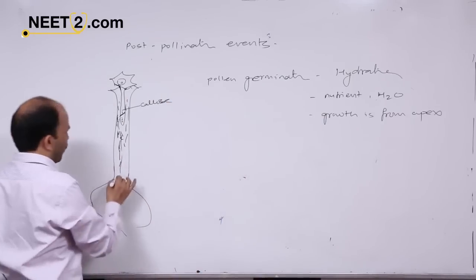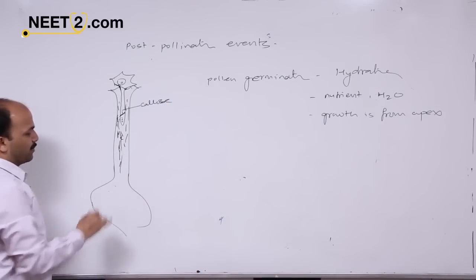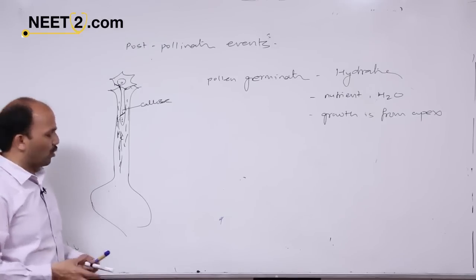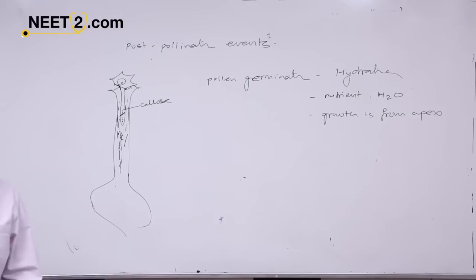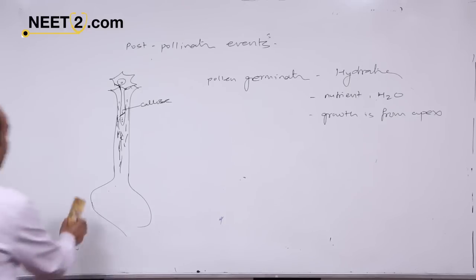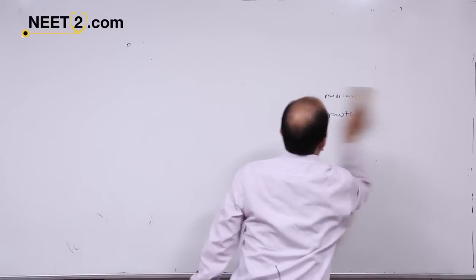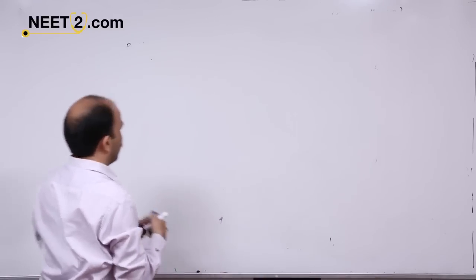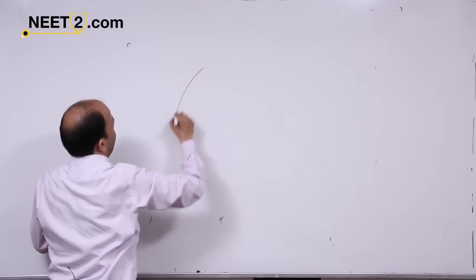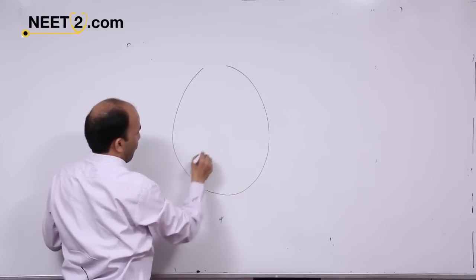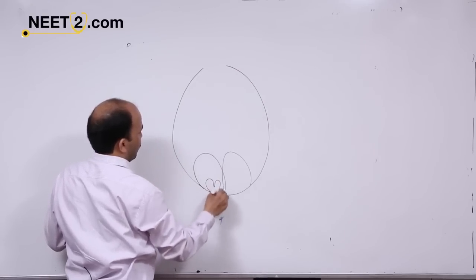Right? Now when the pollen tube reaches the base of the style, first of all the pollen tube will enter into the ovule, then it will enter into the embryo sac. Pollen tube entry into the ovule is mostly through the micropylar end. Here is the ovule, this is the embryo sac.